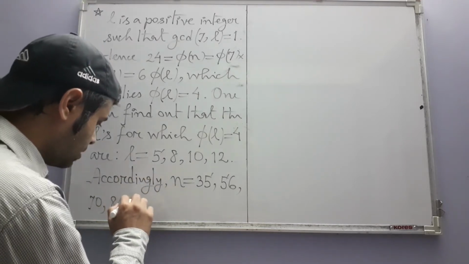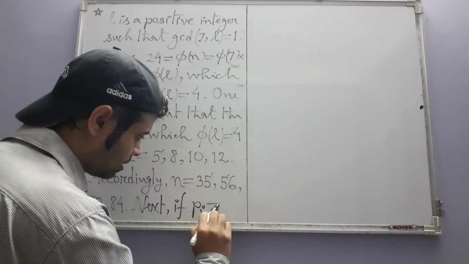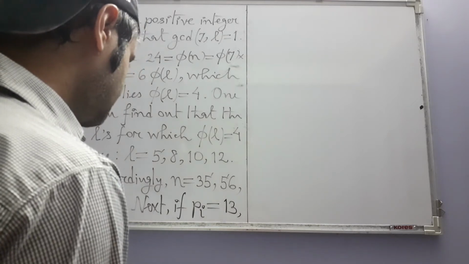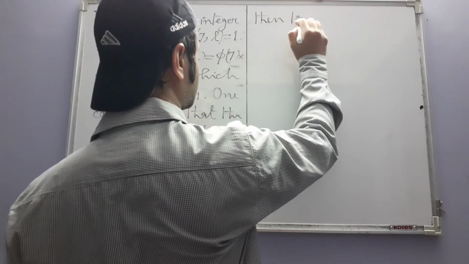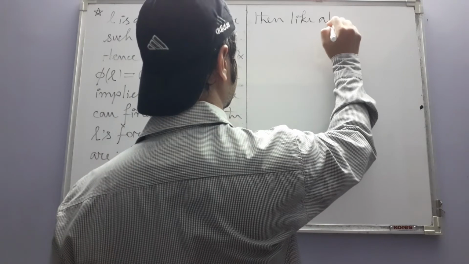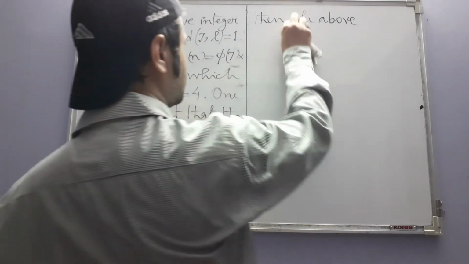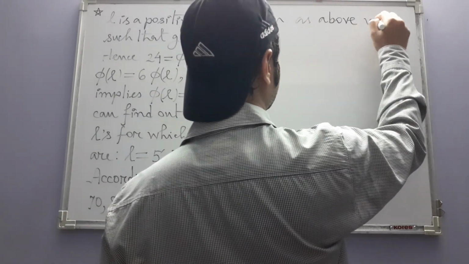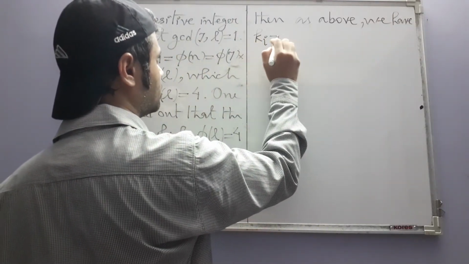Okay. Next, if pi is equal to 13, then as above we have again ki equal to 1.